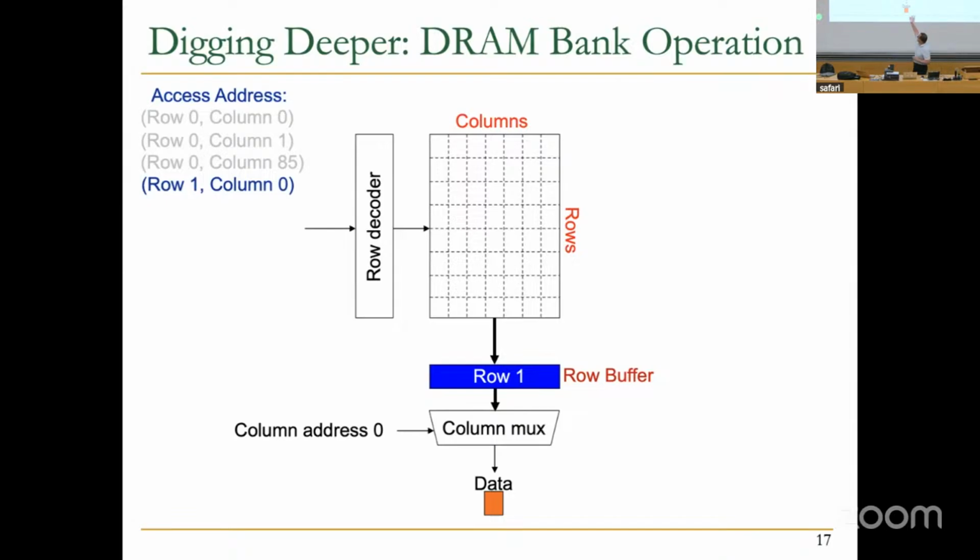Then you will get row buffer conflicts and your access latency is much longer because you keep writing back the row, activating the next row and doing the column access. This is why memory performance matters a lot, because in terms of latencies in DRAM, we're talking about 25 nanoseconds for a row buffer hit, give or take, and 75 nanoseconds for a row buffer conflict. Let's say it's in that order.